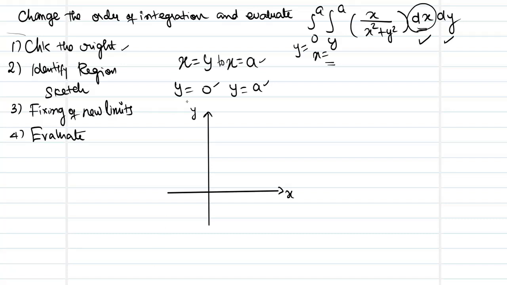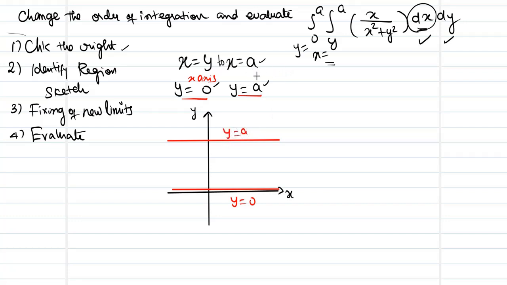What does y equal to 0 represent? It represents the x-axis. So first we plot our x-axis in the next color. This is the line y equal to 0. The next one is y equal to a. It is just a line parallel to the x-axis in the same direction. Suppose this is our line y equal to a.